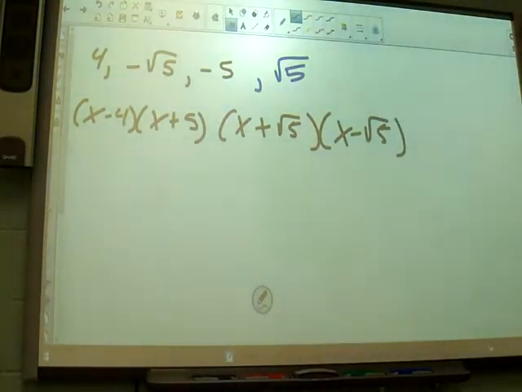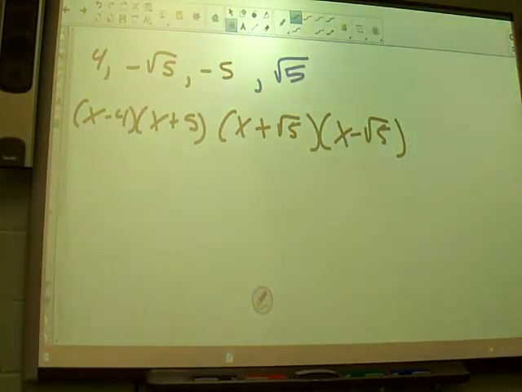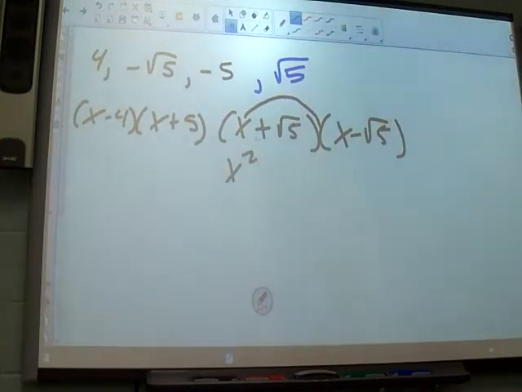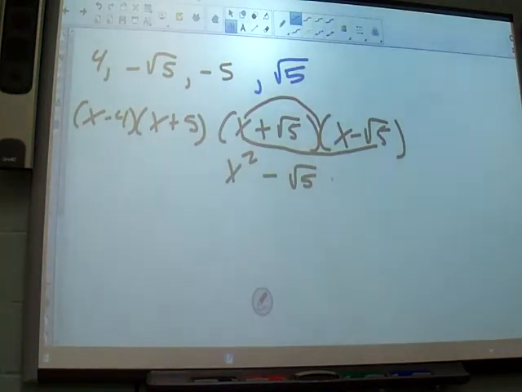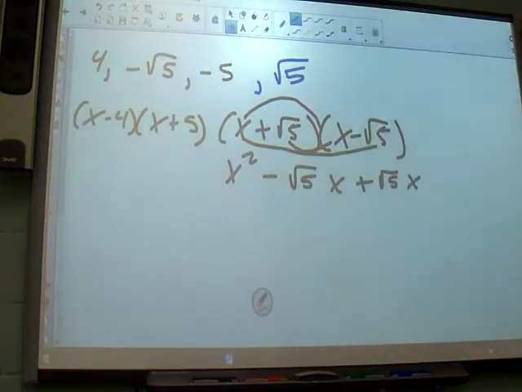So I'm going to attack this the same way we did with the i's. We haven't had a polynomial function that had a square root in them, so odds are those square roots are going to cancel out. So let's multiply those two together first and see if those cancel out. So x times x is x squared. Positive and a negative right here makes a negative, and it's just an x with a square root of 5, so however you want to write it. And then in the middle, they're both positive, so it'll be a plus an x with a square root of 5.